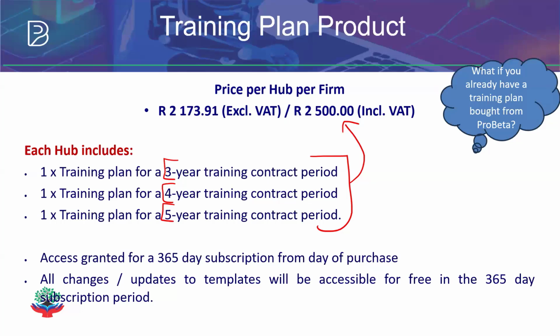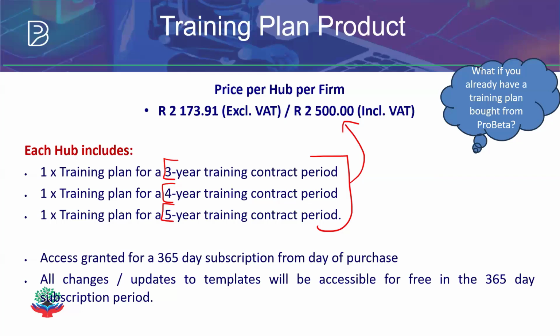So I repeat, if you have previously bought from us a training plan product, let's say in 2023 or something like that, you would not need to buy a new one from us unless you wanted to import that old training plan that you got from us in 2023 or 2022. It's not going to be readable by the electronic assessment tool. And in that case, you would need to buy a new one.